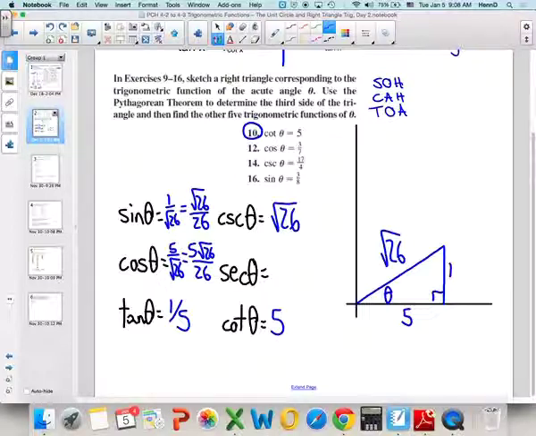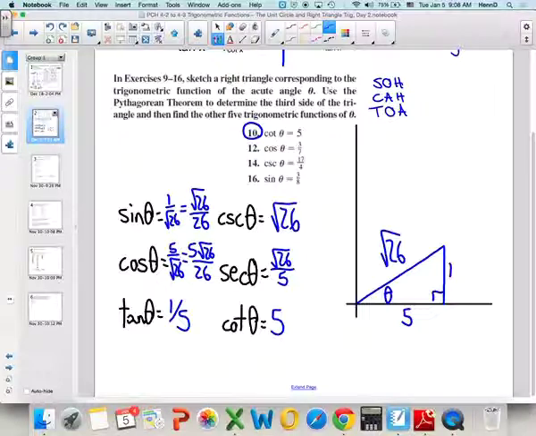It's square root of 26 over 1. The next one, radical 26 over 5. So there is our cosecant of theta, the square root of 26, and the secant of theta is the square root of 26 over 5.